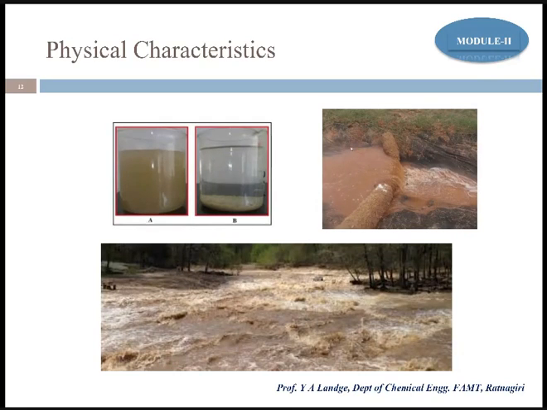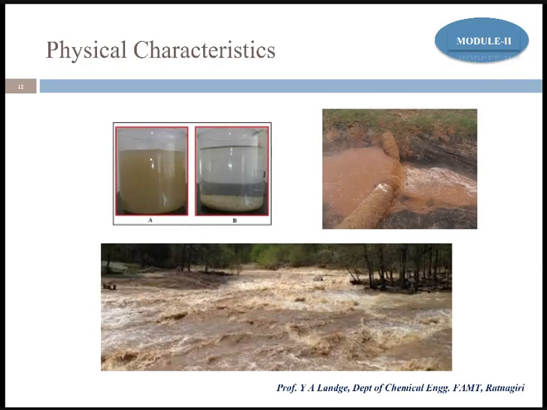This is also waste generated from a factory, and with the help of the color and the suspended solids, we can easily say that this is high turbid water.